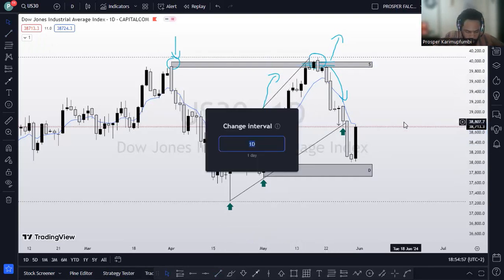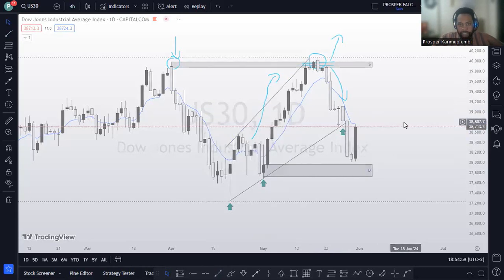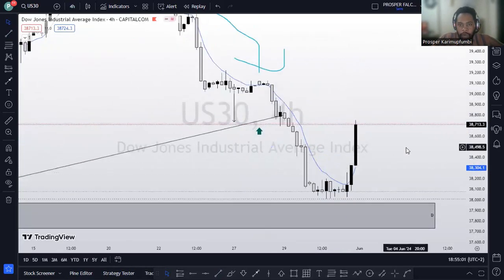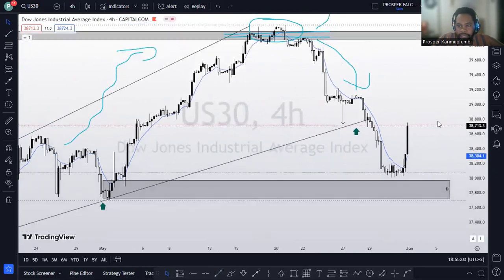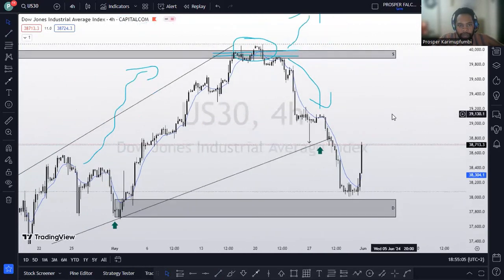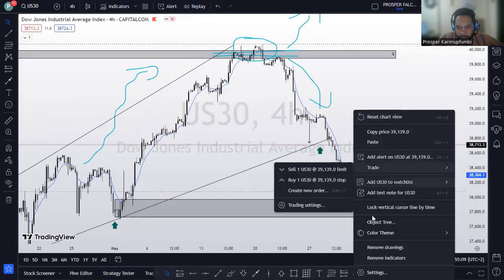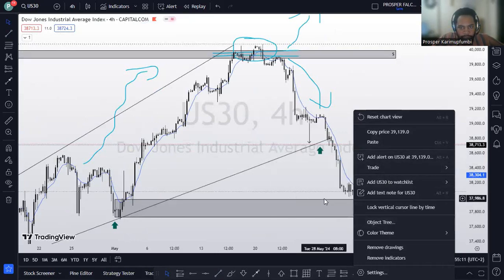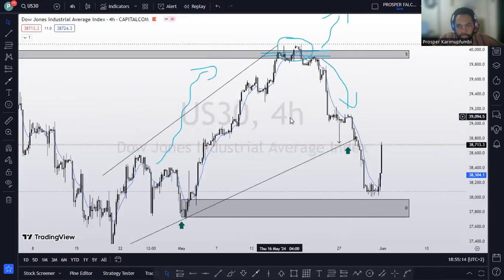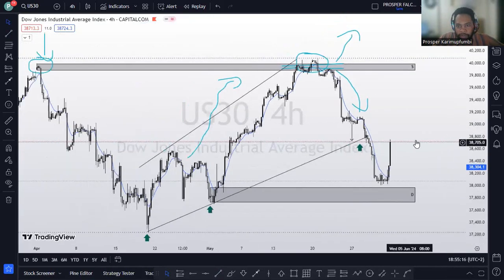And I had to go now to the 4-hour time frame to look for more important details. So I'm just going to clear everything and leave my chart clean.